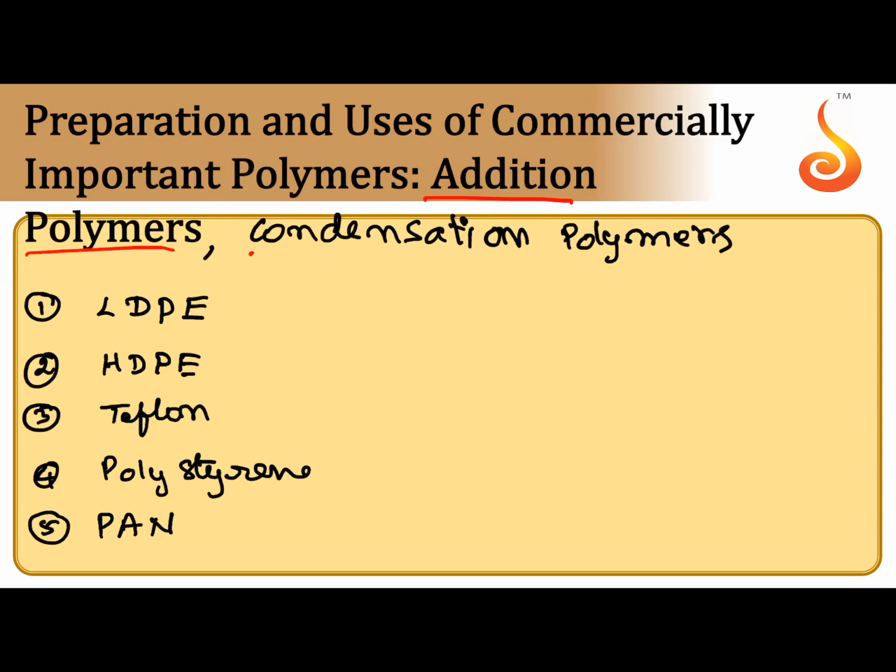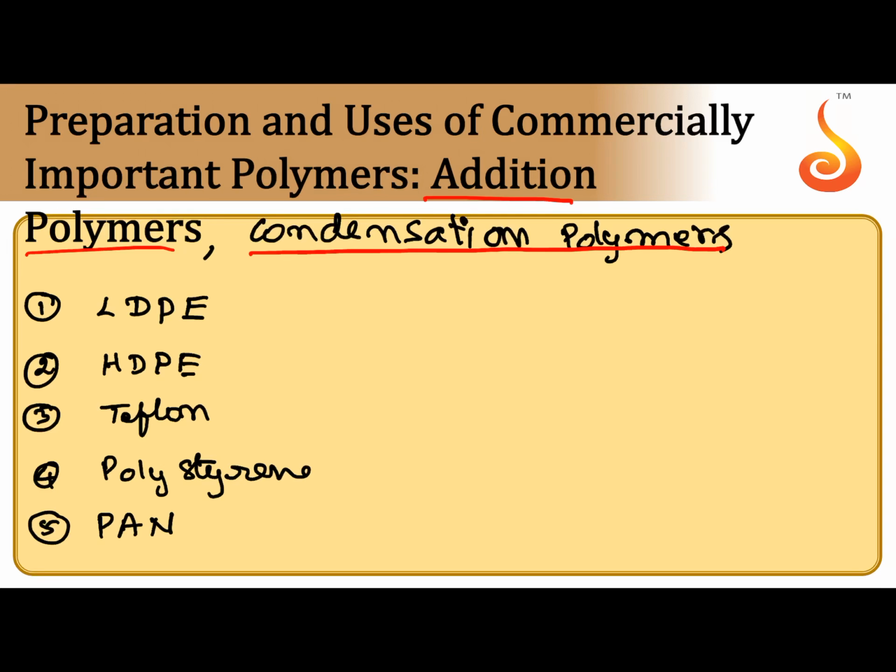The polymers may be addition polymers or condensation polymers. So what you have to do, children, please listen. You take one polymer and collect the monomer and repeating unit. That's all. If you take nylon 6,6, what are the monomers?